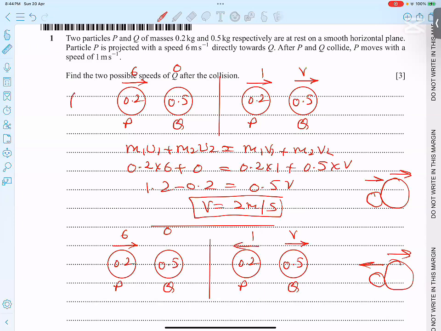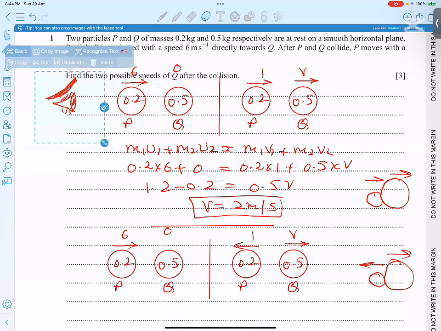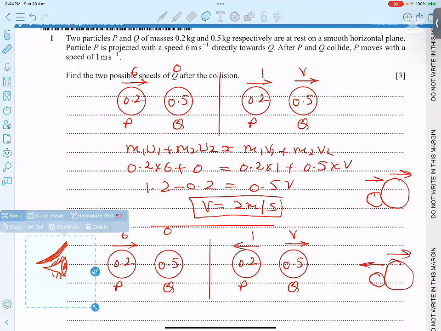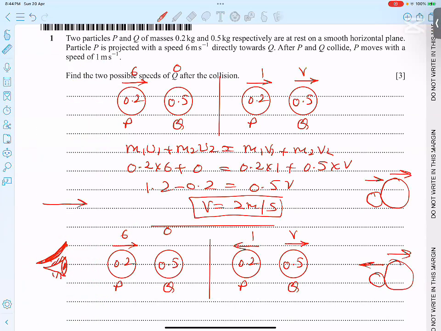For your knowledge, the observer's eye is here. If a particle is going away from the observer, velocity is positive; coming back to the observer, velocity is negative. This is coming back to the observer, so velocity is negative.